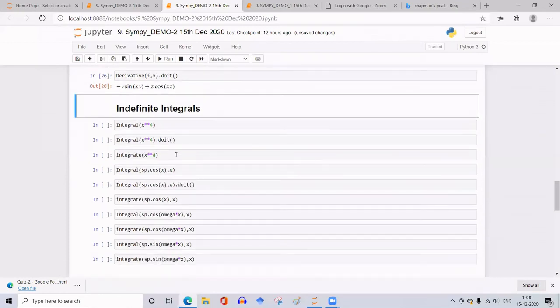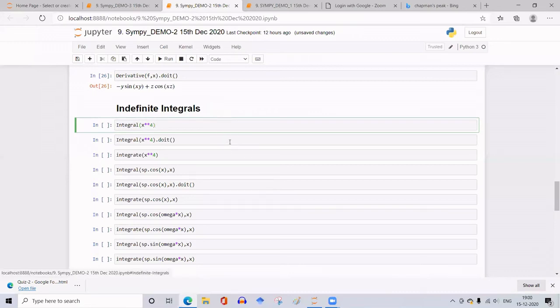Integrals can be either indefinite integrals without any limits or definite integrals with limits. The function that gives the symbolic form of an integral is Integral, with a capital I. Integral of x power 4 will give you in symbolic form the integral symbol, then x power 4 dx.